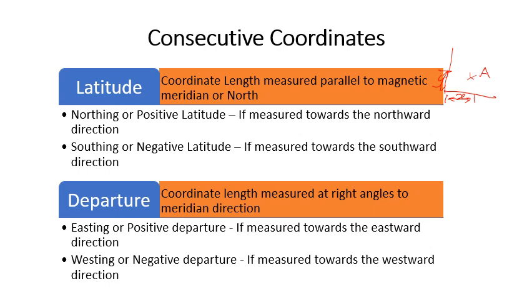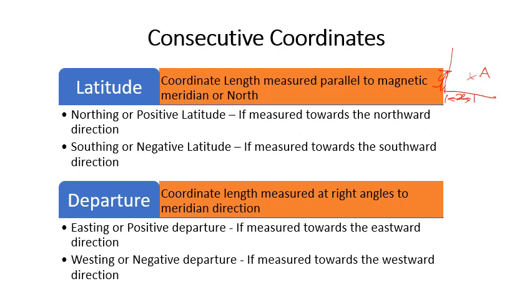In surveying, any point on the surface of the Earth is usually referred with respect to geographic north. So we can say latitude is the distance measured parallel to the magnetic meridian, which is commonly taken as the north direction or north-south line, isn't it?